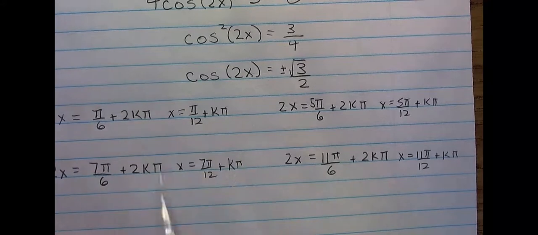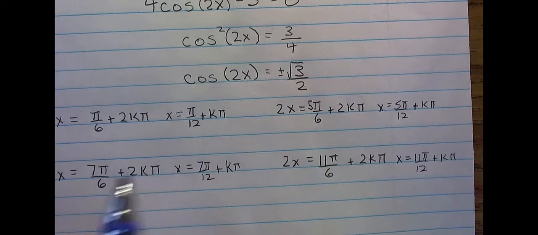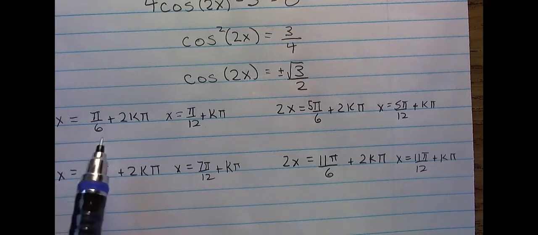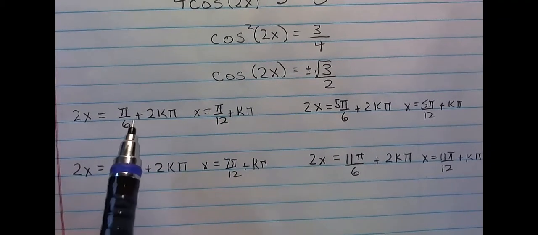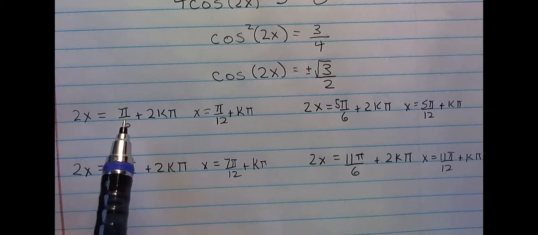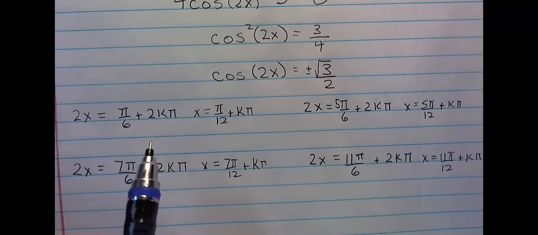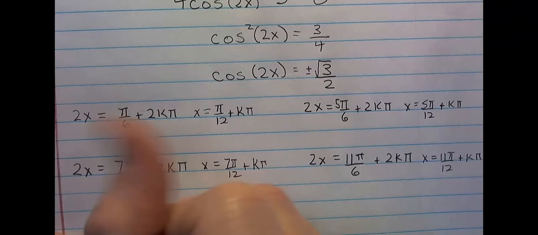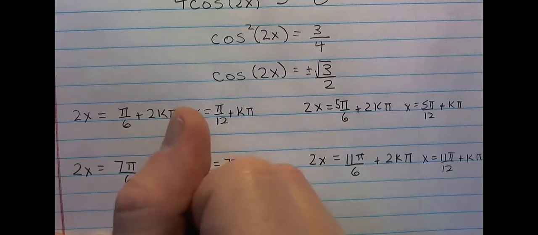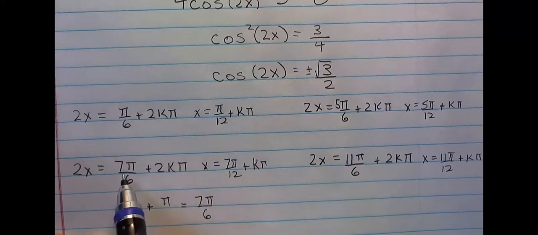Now, as far as combining these, notice that going back to this one, if I take pi over 6 and add pi to it, you get 7 pi over 6, which is that right there.